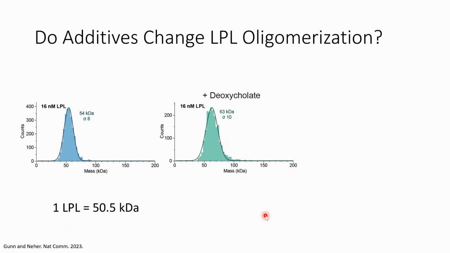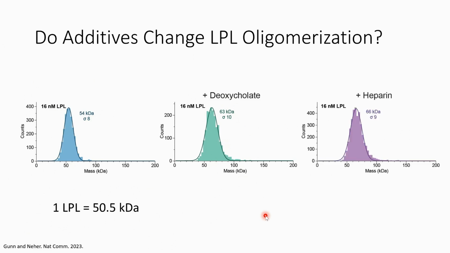This was a real surprise to me, so I decided to test one more additive known to interact with LPL, and that is heparin. LPL has 5 separate heparin binding sites on it. When I mixed heparin with LPL at this concentration, I saw the same result, a single peak that most corresponds to a monomer of LPL.